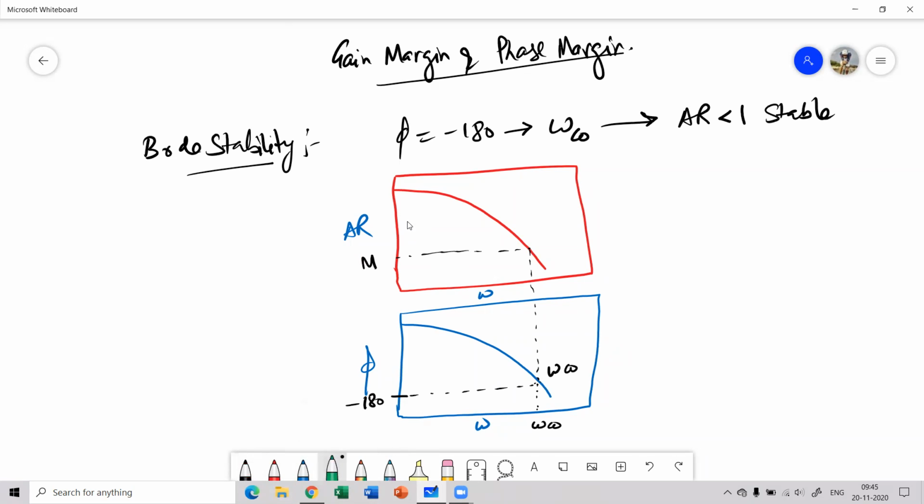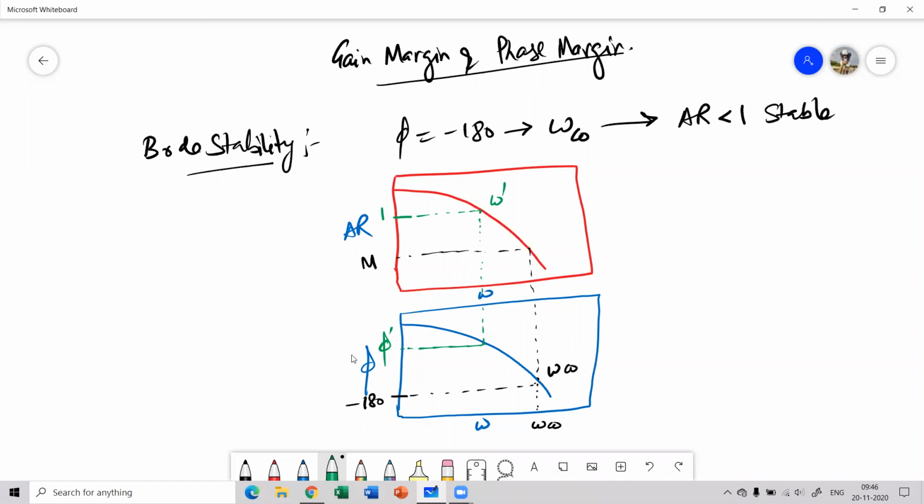The second condition is corresponding to AR of 1, I'll calculate some frequency, let's say omega dash, and corresponding to this omega dash, let me calculate some angle phi dash.